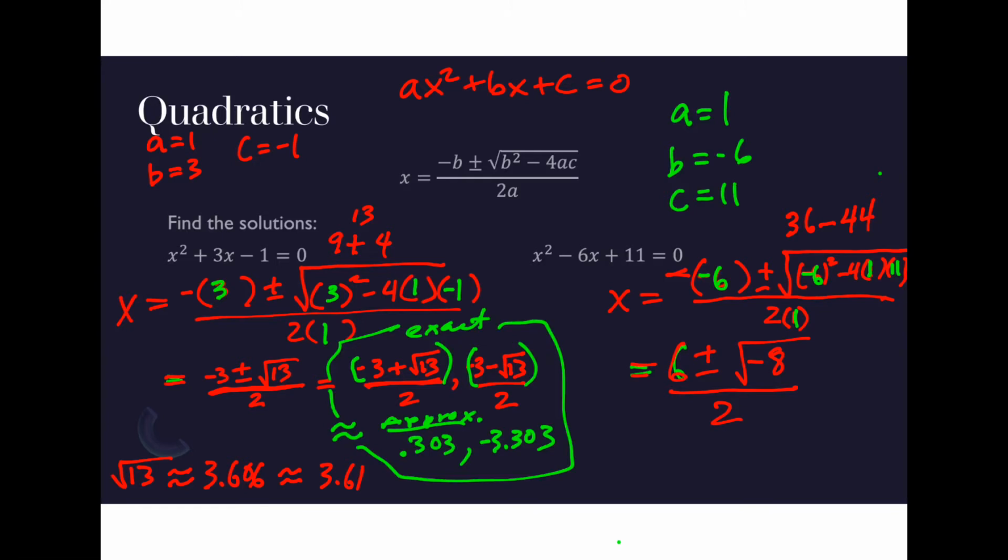And then we have that over 2. Now the problem we have here is that we have a negative result under a square root. And we cannot take the square root of negative numbers. So what that tells me about my solutions here is that I don't have any real number solutions.